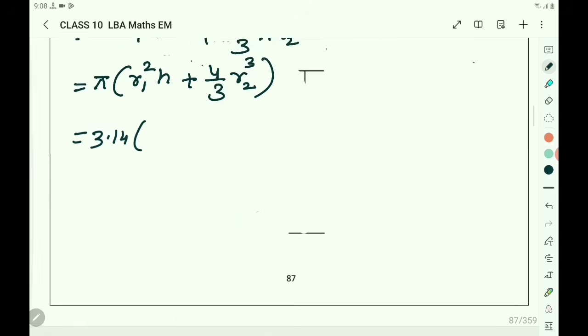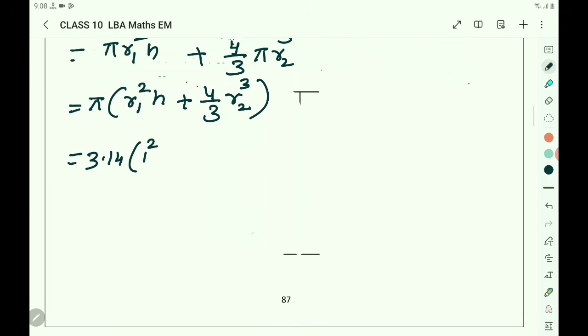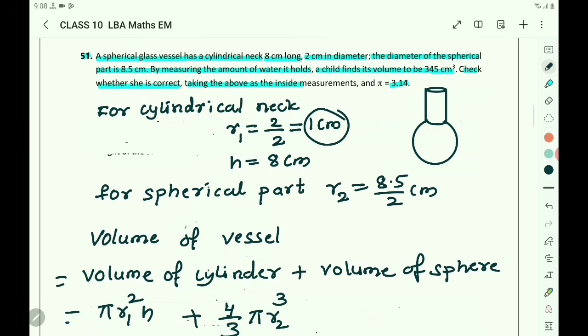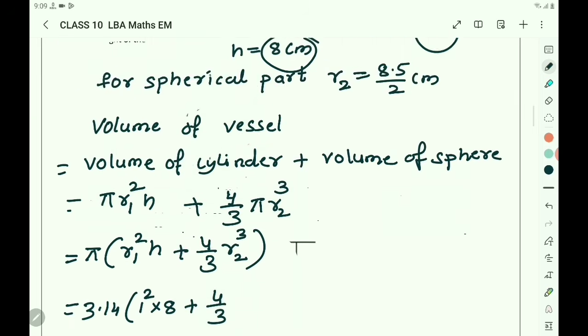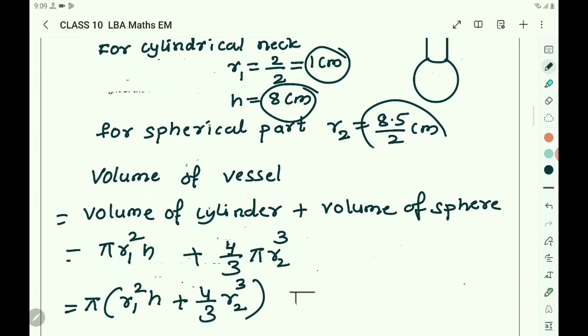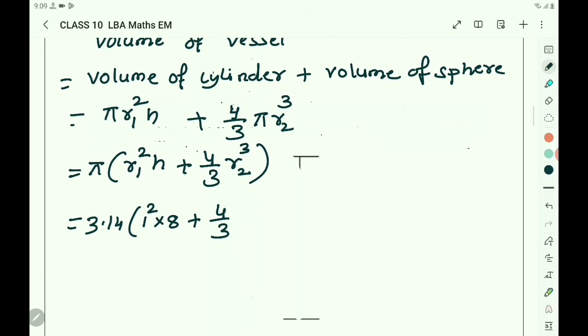R1 is the radius of the cylinder. R1 is 1. Write 1 square into h. H is the 8 cm. Write 8. Plus 4 by 3. R2 is the radius of the spherical portion, that is 8.5 by 2.